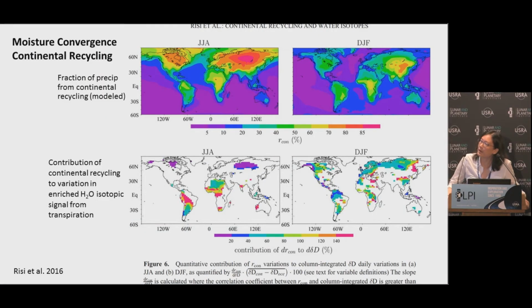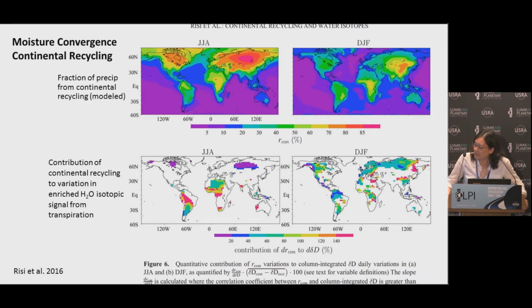Vegetation also alters continental moisture recycling. This is a little harder to pin down. With models, you can simulate it. Above is a GCM simulation where they backed out what fraction of the precipitation is actually from recycling. The models don't really capture what's happening in the tropics so well. They're notoriously dry in the tropics.